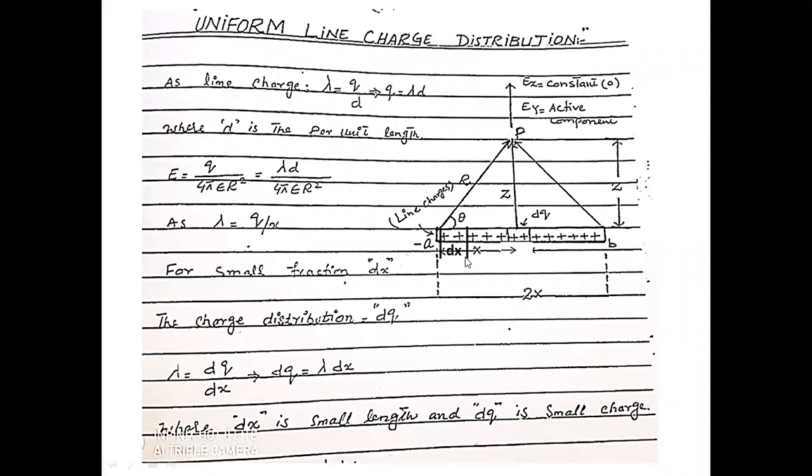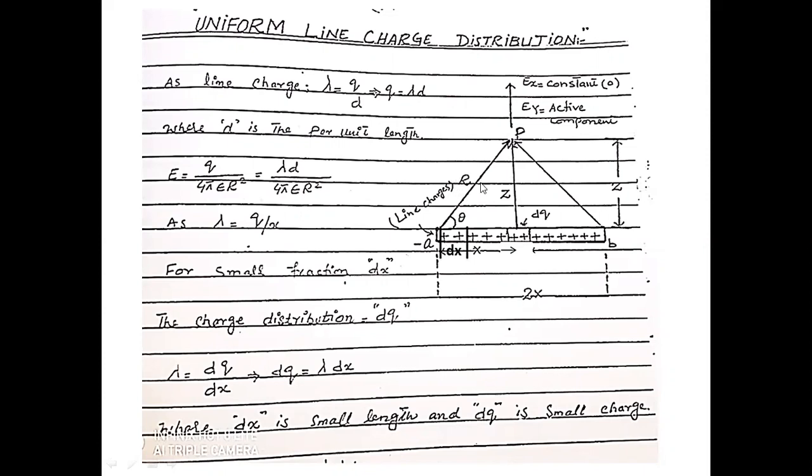At the start we will consider dx, and at the end we will apply integration to consider the whole line charge. This small portion of length dx acts as a source charge. This is the point of observation, so it acts as a test charge. The distance between the source charge and the test charge is r.